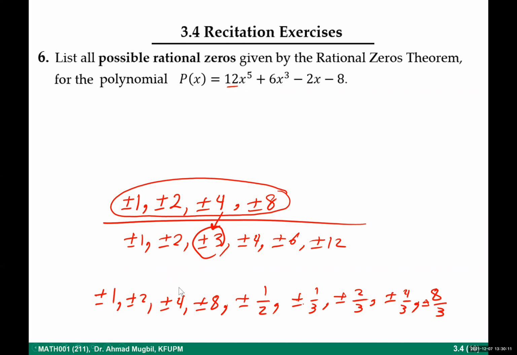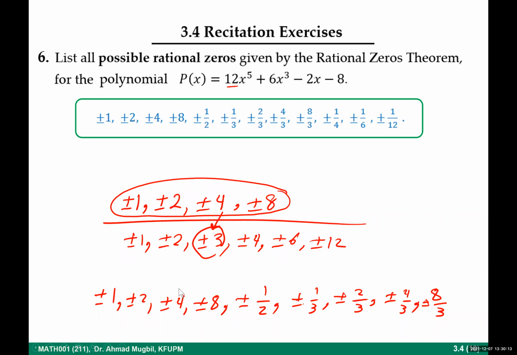At the end, you will end up with this list of possible rational zeros. How many? 24. Yes, 24 possible rational zeros for this polynomial. Of course, they are asking about the possible zeros, not the rational ones. If they ask you about the rational zeros, you need to find exactly what they are.